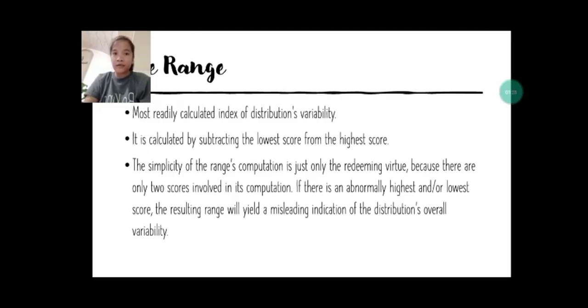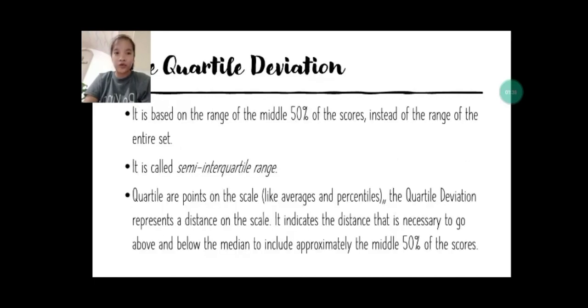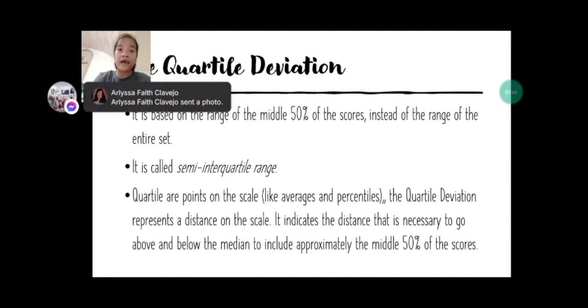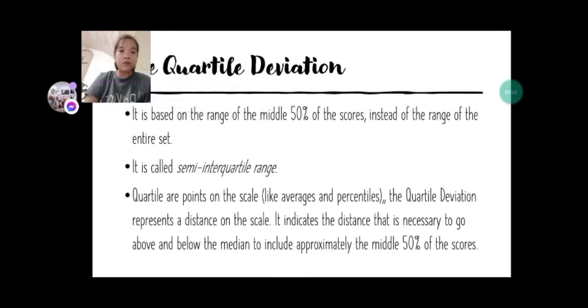Second, the second measure of variability is the quartile deviation. It is based on the range of the middle 50% of the scores instead of the range of the entire set. It is the semi-interquartile range.